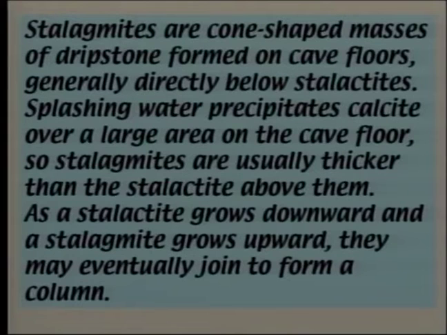It tells us here that splashing water precipitates calcite over a large area on the cave floor, so stalagmites are usually thicker than the stalactites above them. As a stalactite grows downward and a stalagmite grows upward, they may eventually join together to form a column.